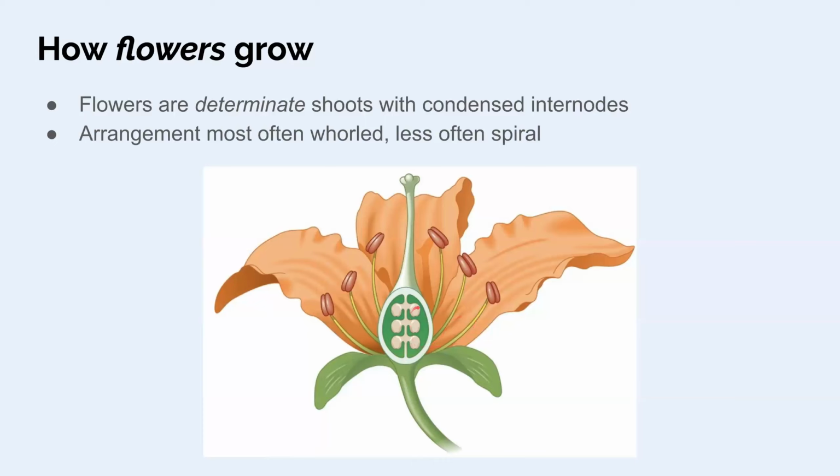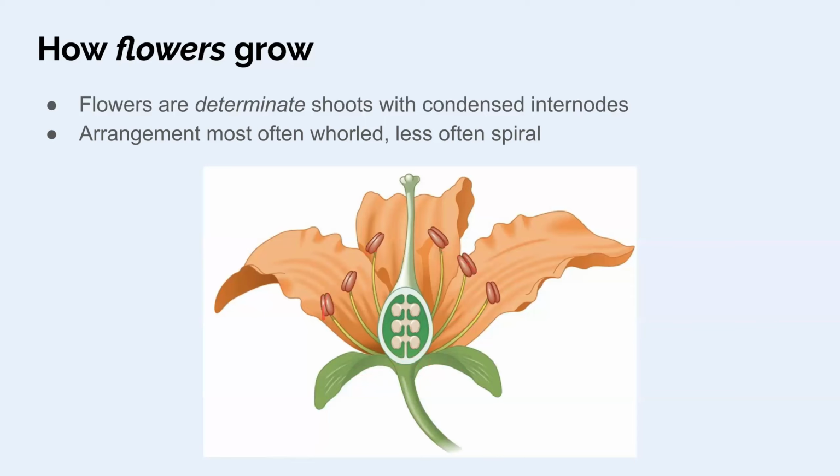Another feature on here, I mentioned the different kinds of organs here. The arrangement is often whorled. So in this illustration, we can see only two of these, but there might be multiples up to 5 or so of these sepals at this location. And if they're all coming out of the same location, that would make them whorled, just like we saw in leaf phyllotaxis.